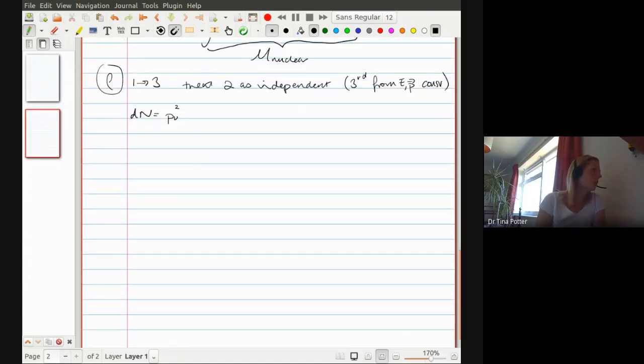So we can write down the term for our neutrino, 2 pi cubed, integrated over the solid angle, and integrated over the momentum. So go back and look at chapter 2 if this seems like an absolute foreign thing to you.